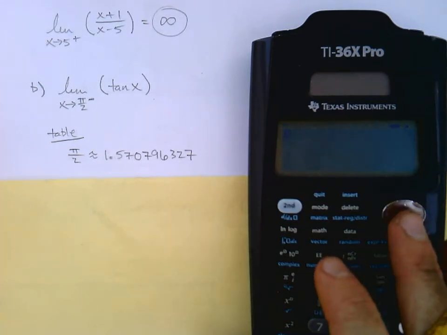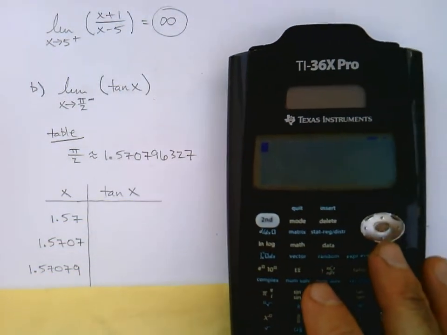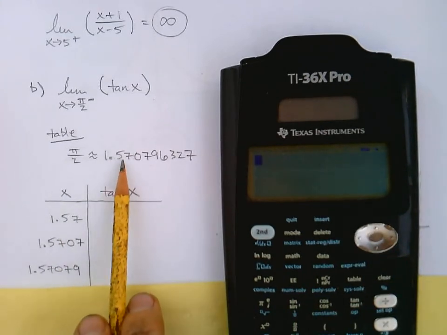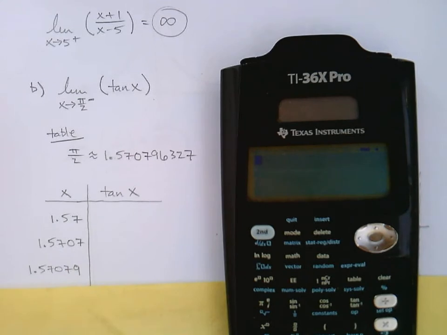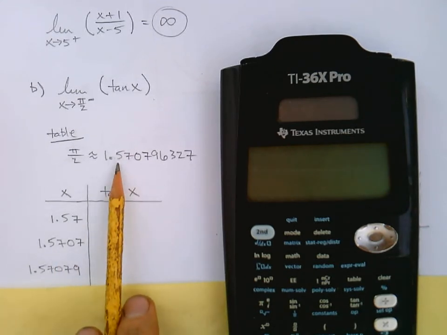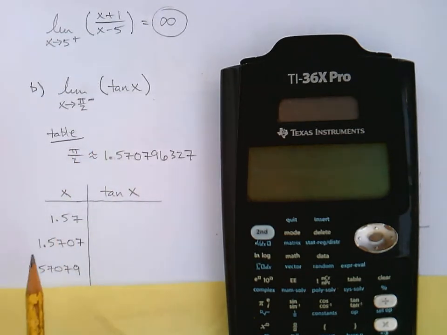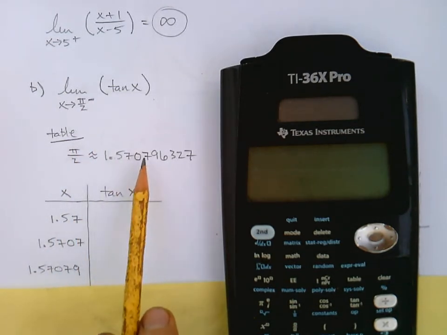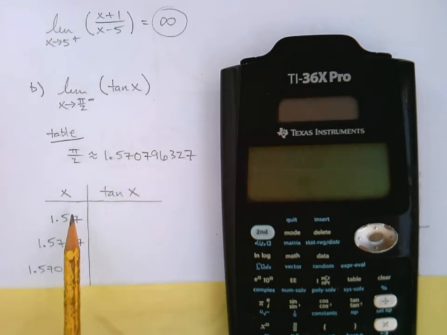So here's what I thought. I'm going to make this table. I'm going to start with 1.57, and then I'm going to approach, since I'm on the left side, I can take a number a little bit smaller. Okay, so I'll just knock some of these decimal digits off, and 1.57 is less than this.